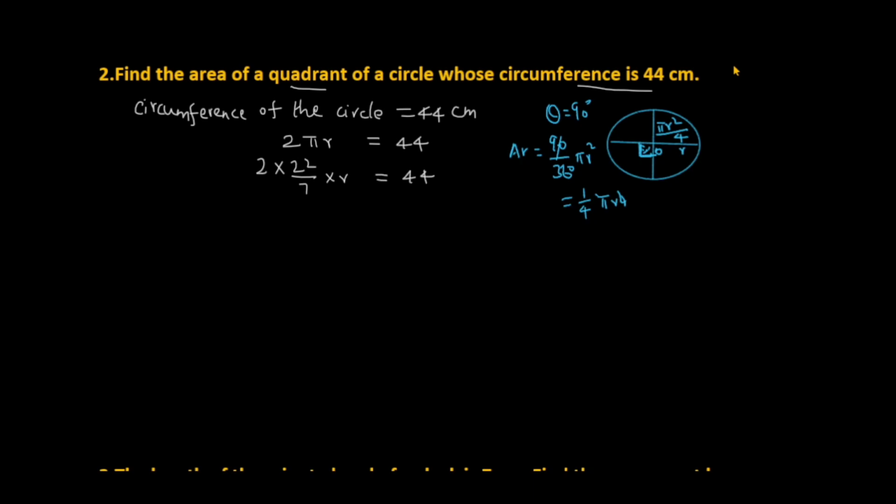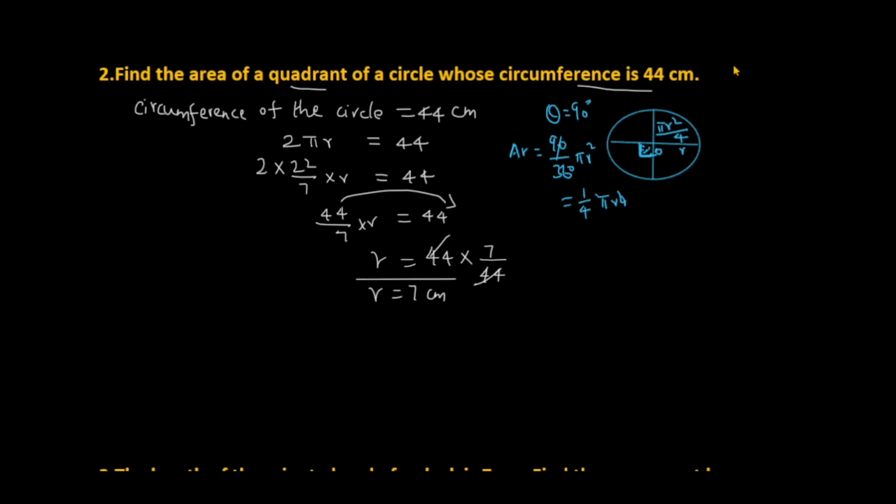So 44 centimeter, 22 into 2, 44 by 7 r is equal to 44. While transposing 44 by 7 to the other side, already 44 is there, and reciprocating the 44 by 7 as 7 by 44, we can cancel. Our r is 7 centimeter.